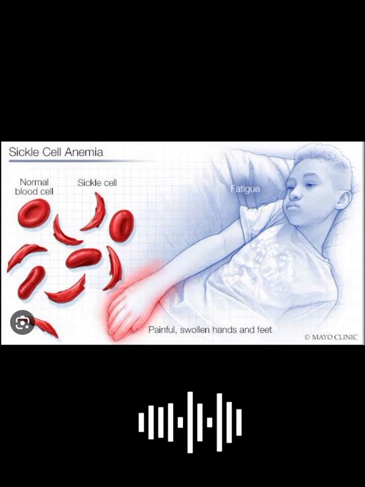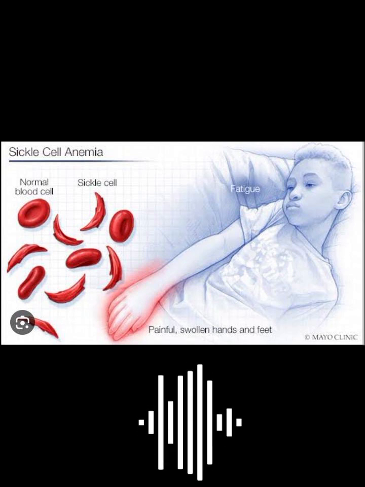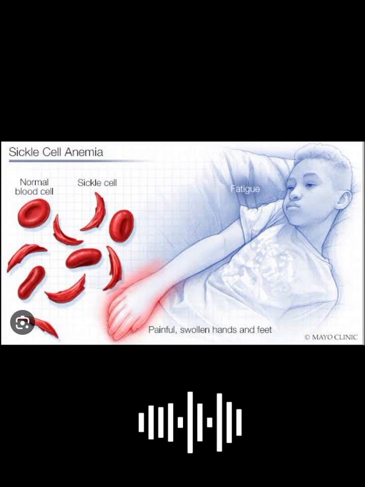This type of stroke occurs primarily in children. Number 6, we have acute chest syndrome, a life-threatening condition of sickle cell anemia, similar to pneumonia, that is caused by infection or rapid sickling in the lung. This is characterized by chest pain, fever, and an abnormal chest x-ray.